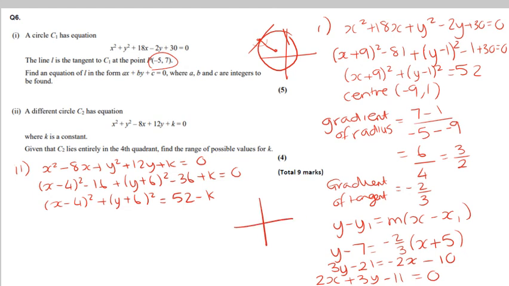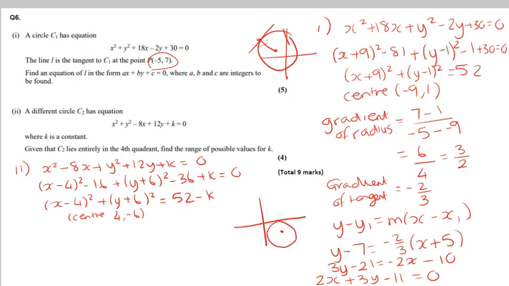So if I just draw a little picture of it, my centre should be 4, minus 6. So 4 across, 6 down. Okay, that's the centre of the circle. So it says it has to lie entirely in the 4th quadrant, so we know it must be exactly in there.